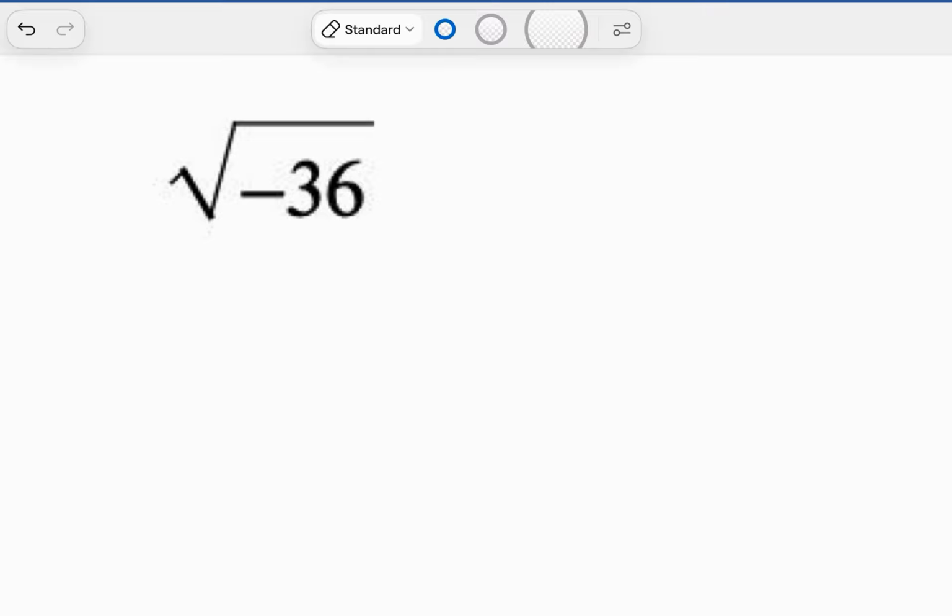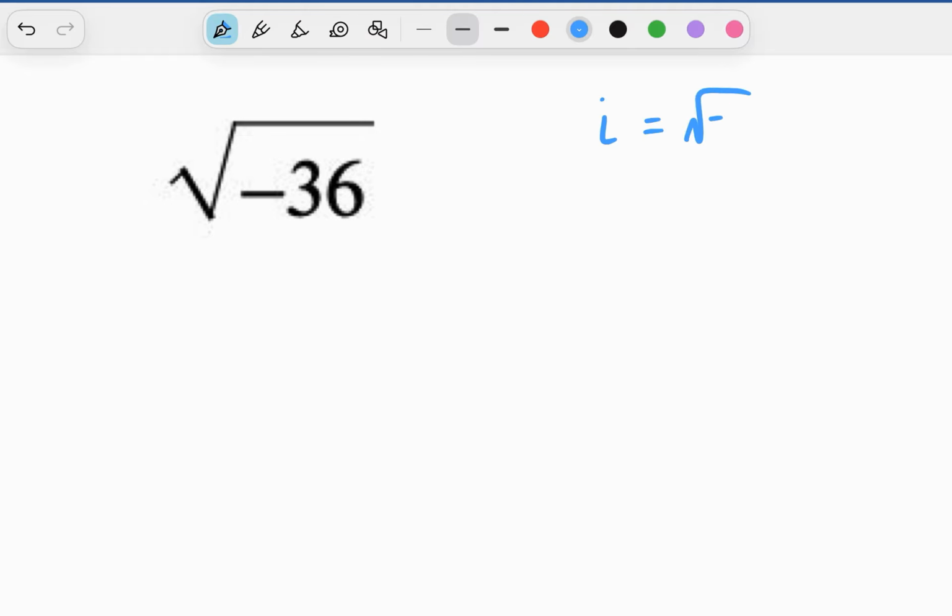I don't want to get too into this. Just look at Wikipedia if you care. It gets kind of crazy. Imaginary numbers are very much real. The imaginary number i is just the square root of negative 1. So anytime you have the square root of negative 1, it's equal to i.